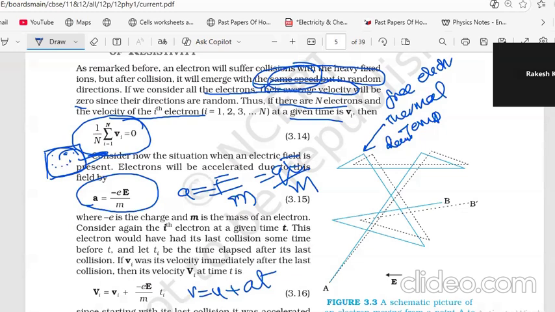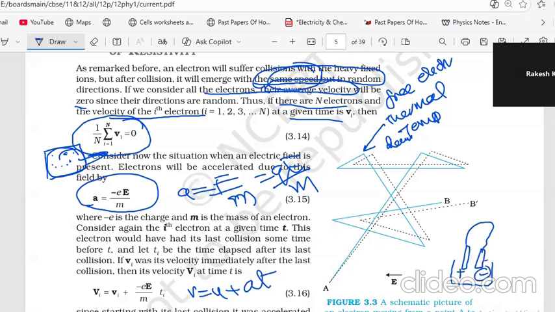At that moment, if you apply a field, if you apply a battery, what is a battery? There's a wire and you have some electrodes, and you put the wire in between. There's a positive charge here and a negative charge here.